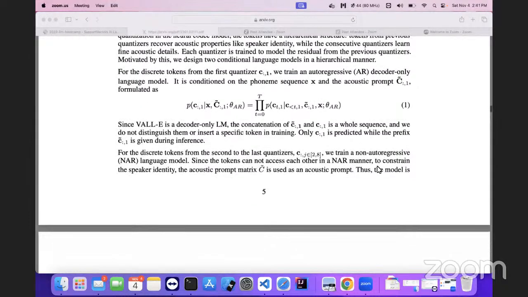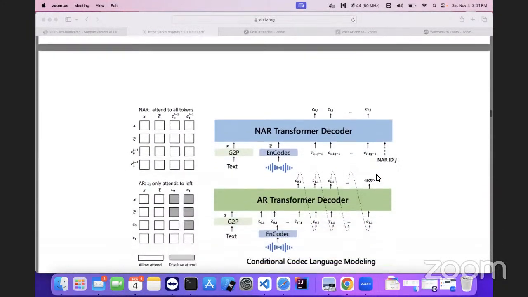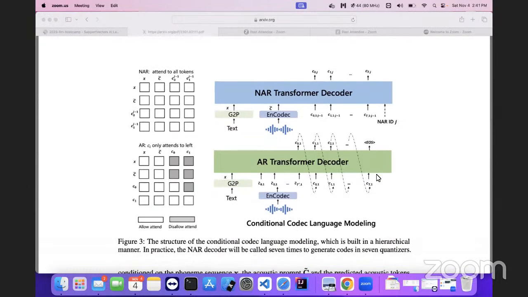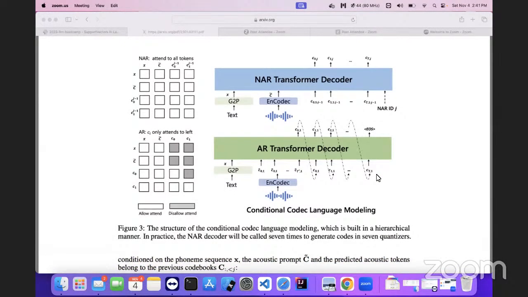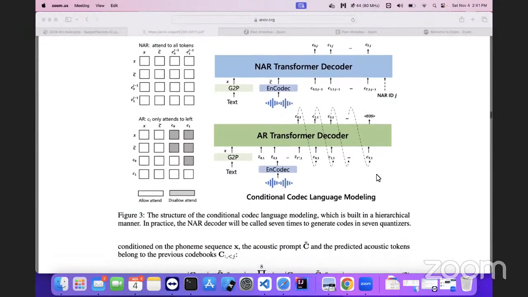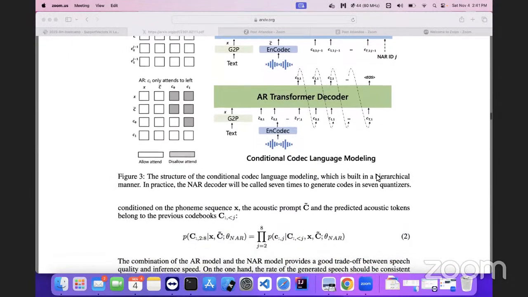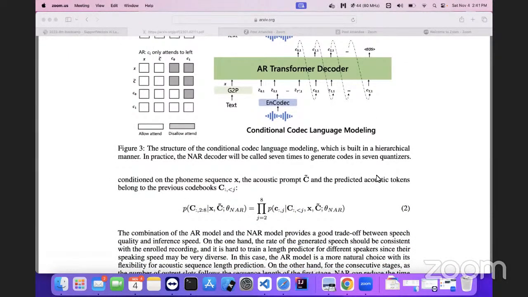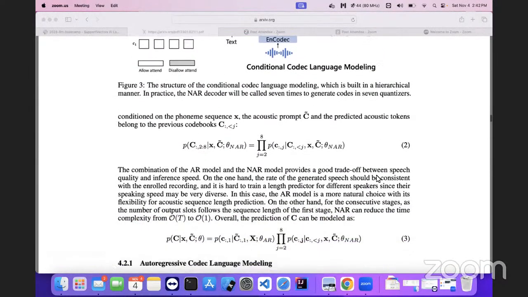So this part I didn't fully understand. What I understand as auto-regressive is something that depends on the previous value. Non-auto-regressive means it doesn't depend on the previous value. But finally, you are getting the output as a latent vector representation, and then you use this decoder to generate the final audio.